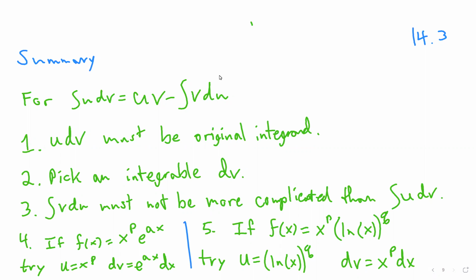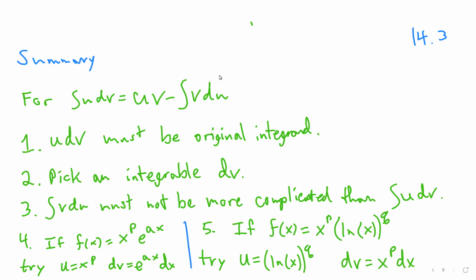And you would take your integral of v du, and it would be simpler than your integral of u dv. You usually don't want to make yourself work harder by doing integration by parts. You want to be able to work more efficiently, easier. So try to pick your u and dv in such a way that your integral of v du is easier than your integral of u dv.